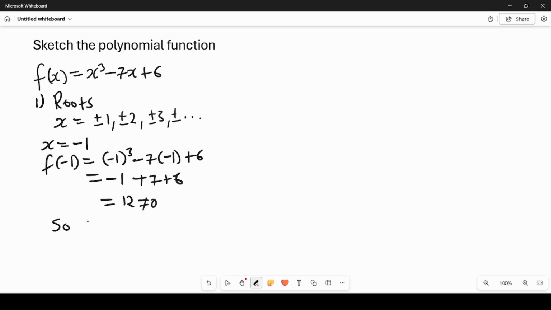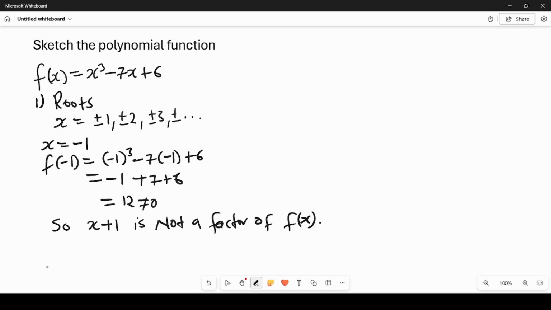So this means that x plus 1 is not a factor of f of x. We tried x is equal to negative 1, but we say x plus 1, a different sign. Here x is negative 1, but we say x plus 1 is not a factor.